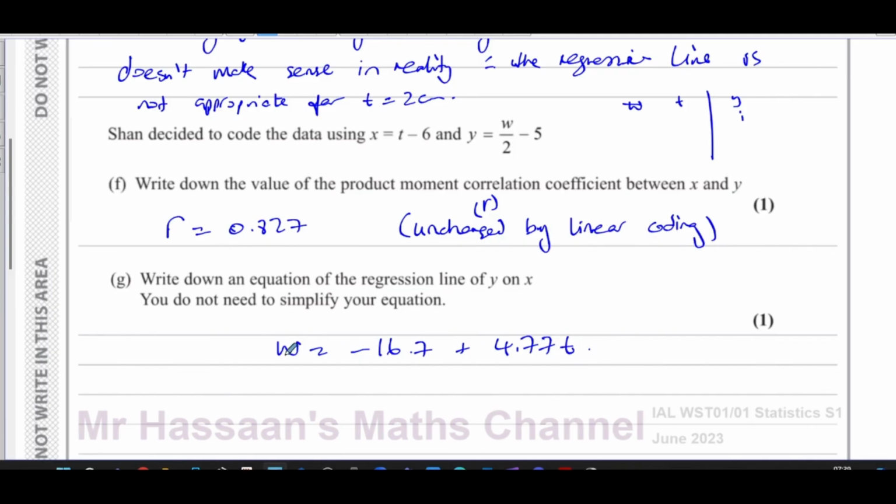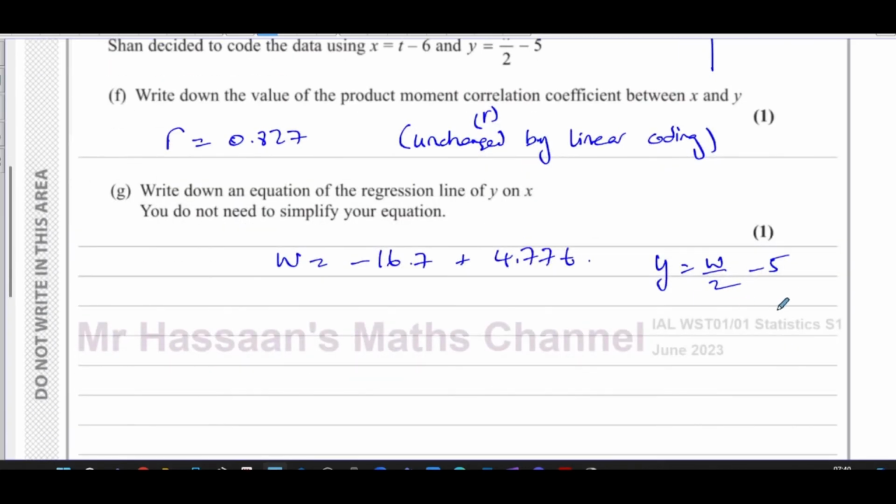And we want to replace the w with what w is equal to, and the t with what t is equal to. If we have y equals w over 2 minus 5, and we want to make w the subject, we'll have y plus 5 equals w over 2, then multiply by 2. So you have w equals 2y plus 10.